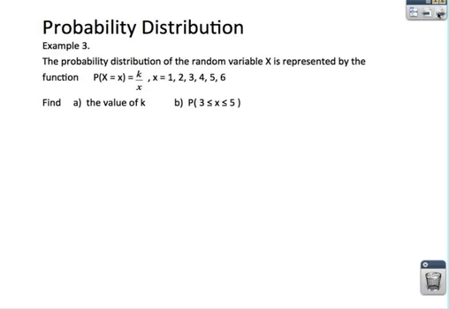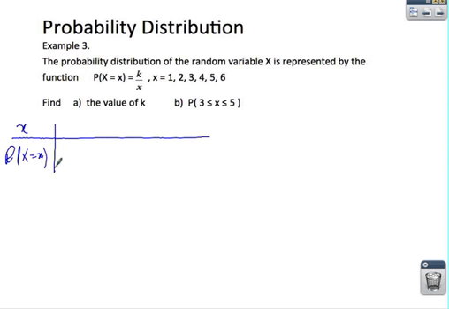In the next example, we're given the probability distribution represented by a formula, k over x, but we'll just do the same thing. All the different outcomes that are possible are the numbers 1 to 6, and the probability of each outcome is based on its value. So what we'll do first is make the table with the various outcomes and the probability of each of those outcomes.